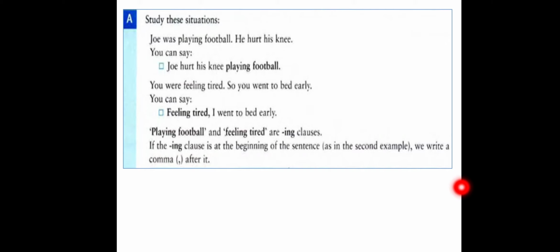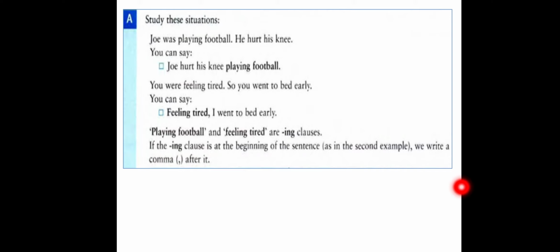Here: playing football, from while he was playing football; feeling tired, from as I was feeling tired. If you cut the conjunction, the subject and the linking verb, you get what is called the ing clause, or reduced clause.